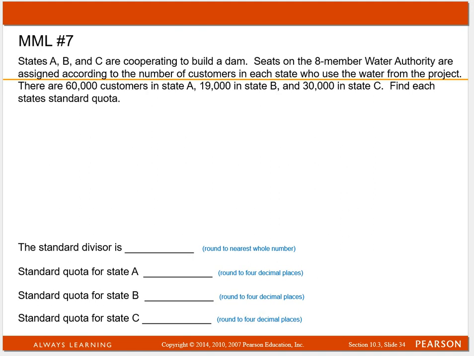So my math lab number 7 gives you 3 different states and they're cooperating to build a dam, and it's an 8-member water authority. That's what they're apportioning, assigned to the number of customers in each state.